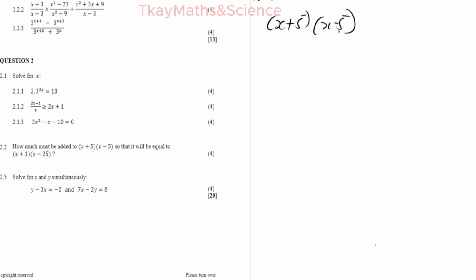Let's say what we're going to add, we equate it to a. So what must we add, what is a, to get x plus 1, x minus 25. So let's rewrite this one. x minus 25.